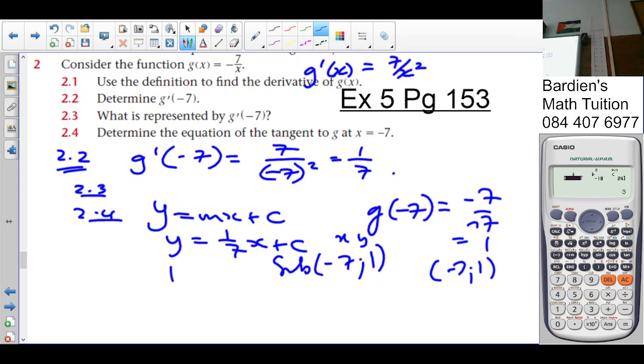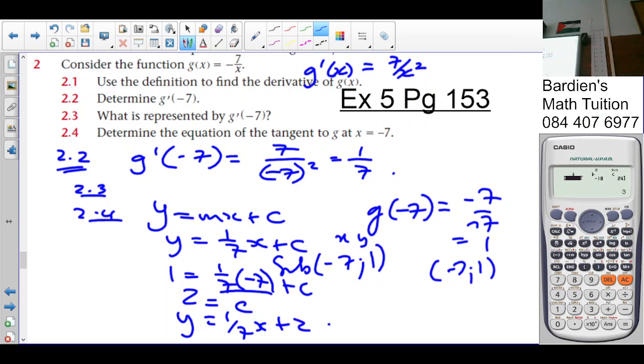So we have 1 equals 1 over 7 multiplied by negative 7 plus c. This is negative 1, not so? Becomes positive 1. So c is 2. So y is equal to 1 over 7x plus 2. Okay. Any confusion there, people? No. Okay.